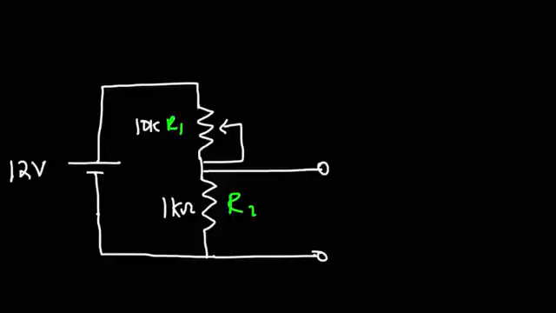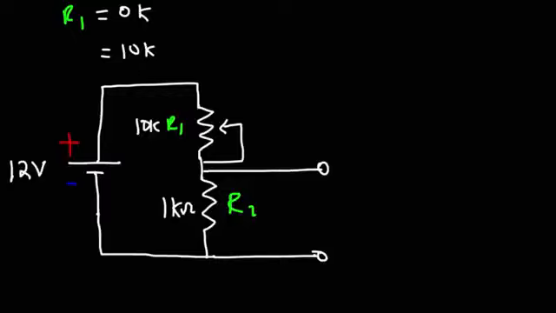And let's use a 12 volt battery. So what we're going to do is calculate the range of the voltage across R2. So R1 can vary between 0K and 10K.